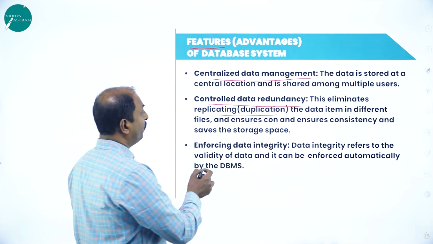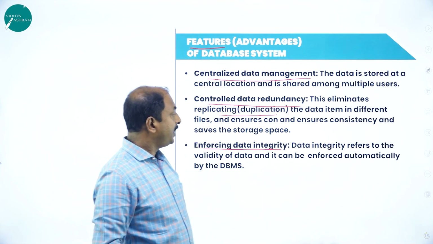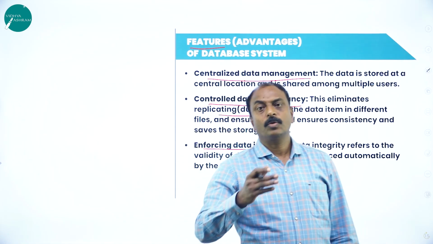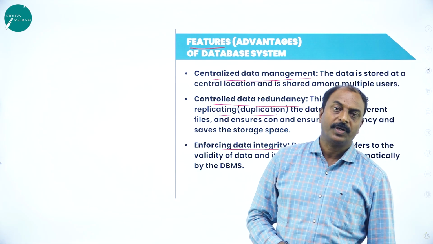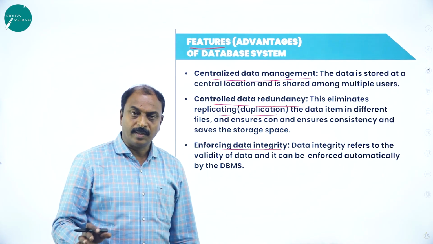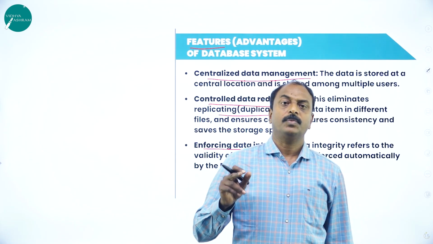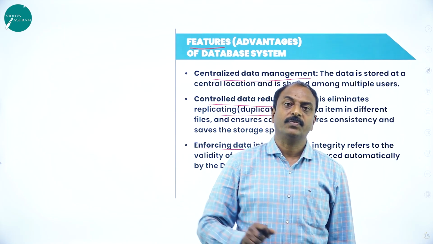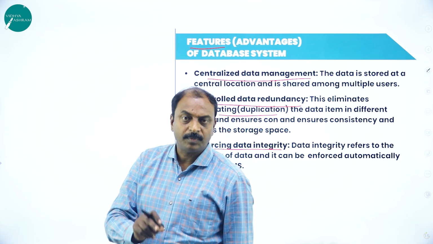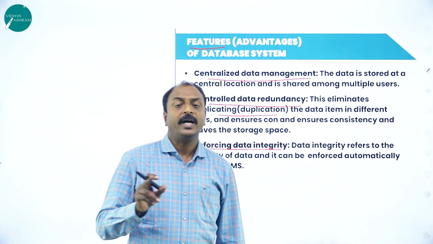Next one is enforcing data integrity. What is data integrity? Take an example of a student database. In a student database we have so many columns, so many attributes, such as student name, marks, and so on. In a particular column, for example a student's marks in one subject, say physics, we have to enter values between 0 and 100.